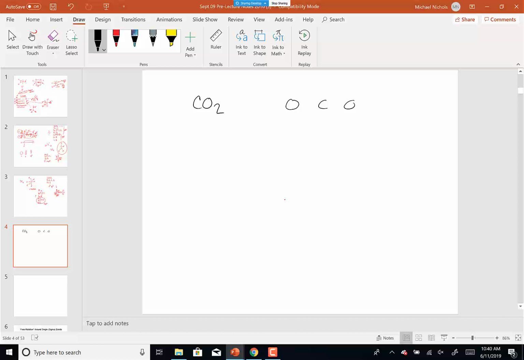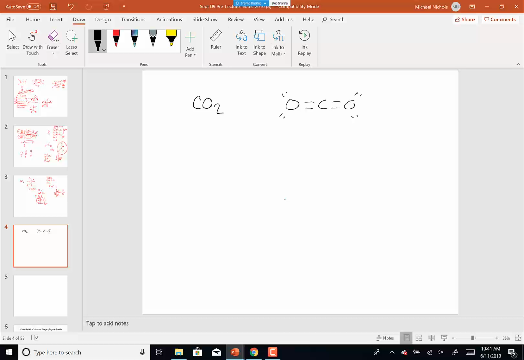Okay, so CO2, we're able to draw the structure. What's its Lewis-Dot structure going to look like? What's the geometry around the carbon? You said it.